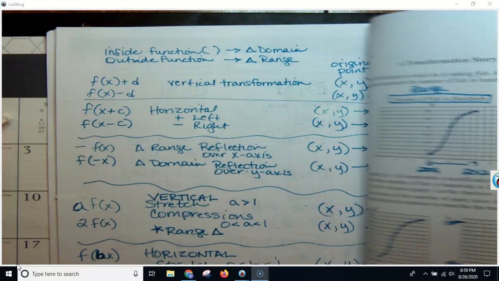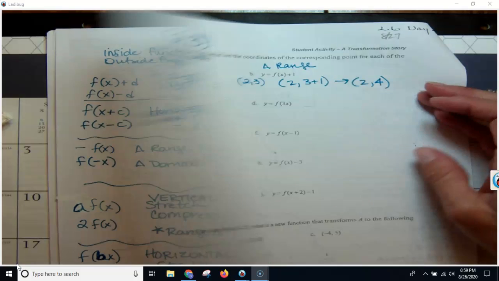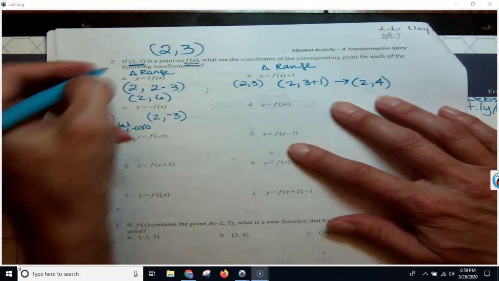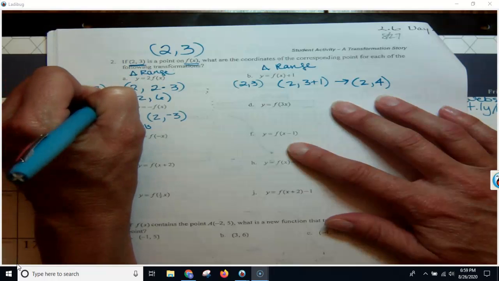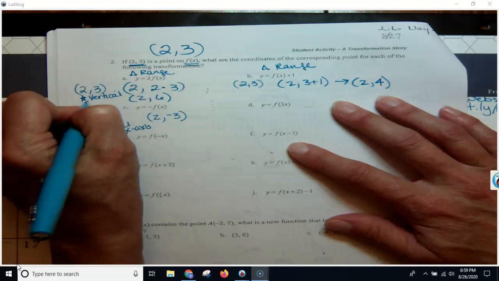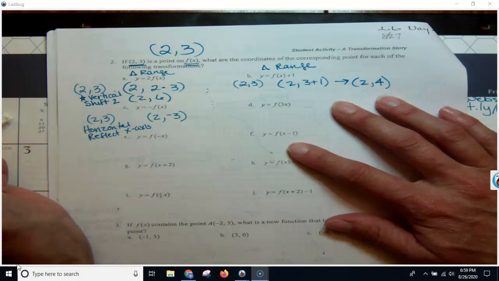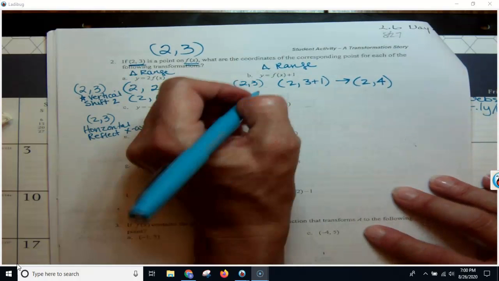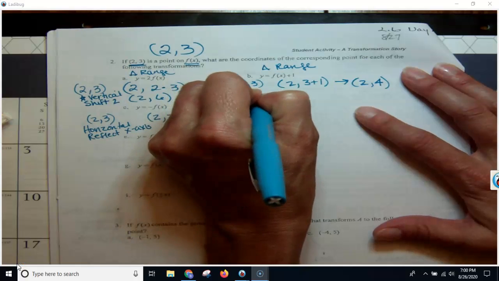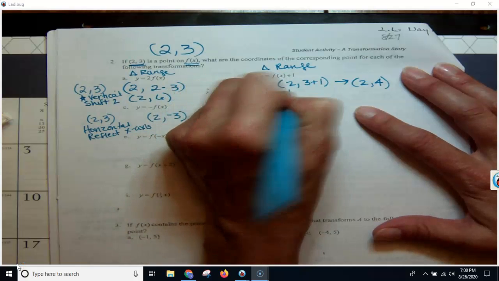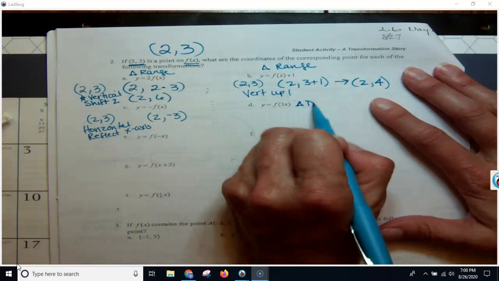And this you can find in this chart that we did in that last video. So this would be helpful, that chart. All right, and I forgot to mention that this is going to be a vertical shift by a factor of 2. Vertical shift by a factor of 2, and this is a vertical translation up 1.